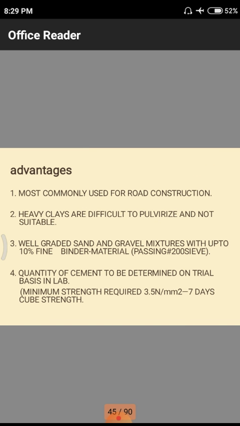What are the advantages of using cement stabilization? First of all, it is most commonly used for road construction. When we construct a road with rigid pavement, we prefer cement stabilization. Why? Because rigid pavement means CC roads, cement concrete roads, and the bottom portion has to be very hard.